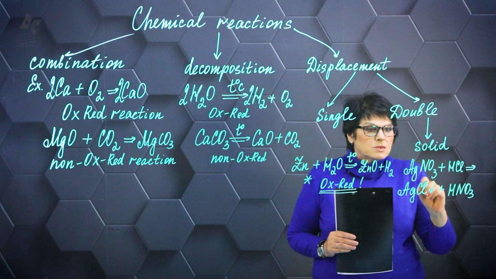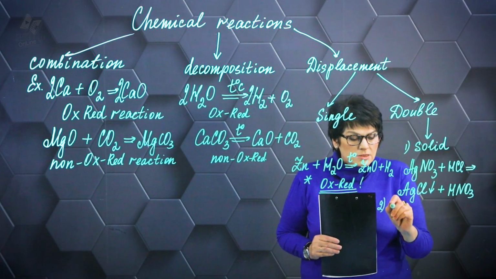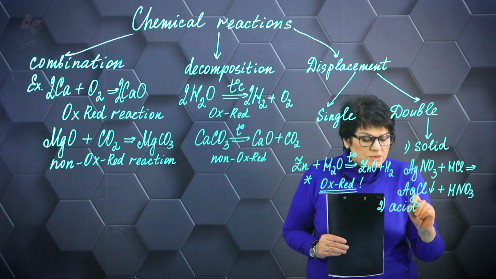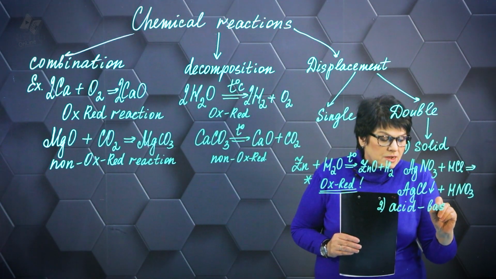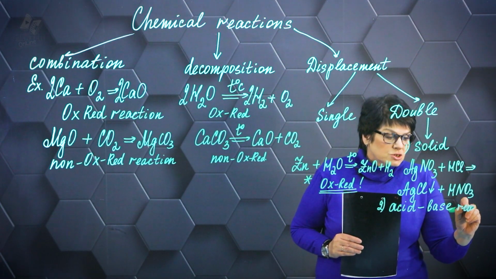That's the first case. Now, the second case, when there is a so-called acid-base interaction, when acids and bases react. This reaction is also additionally called neutralization. Here's an example.